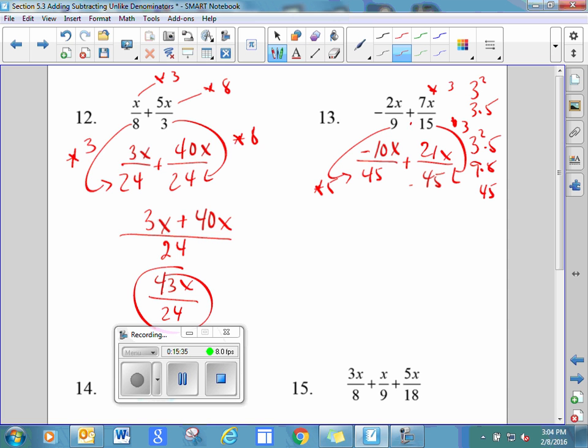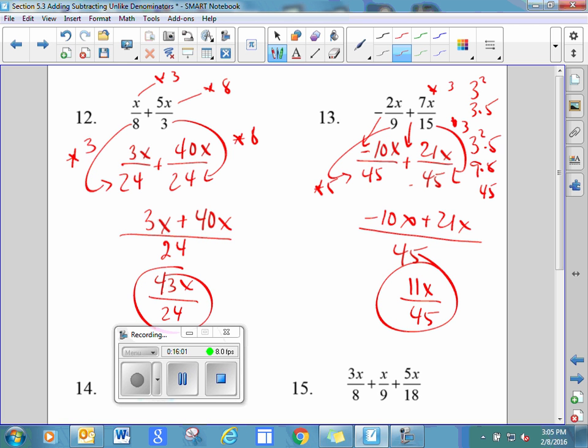And I just bring this plus sign right down and this negative sign right down. Single fraction bar. 45 is the denominator. The negative 10x and the plus 21x go in the numerator. So a negative 10x and 21x gives you 11 positive x's over 45. And we're good to go.